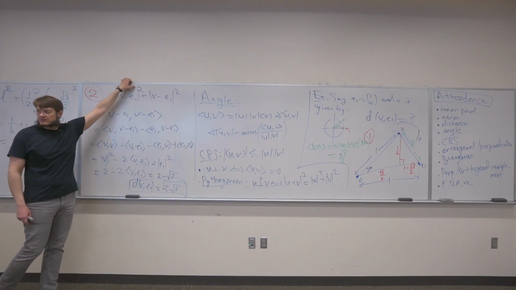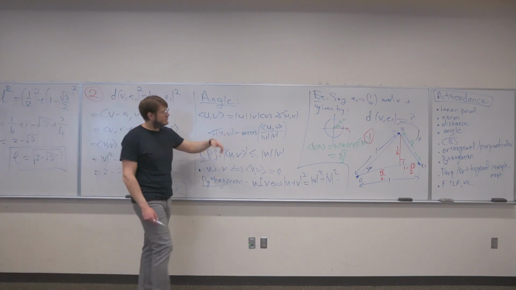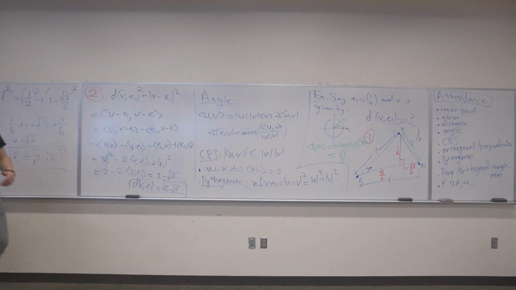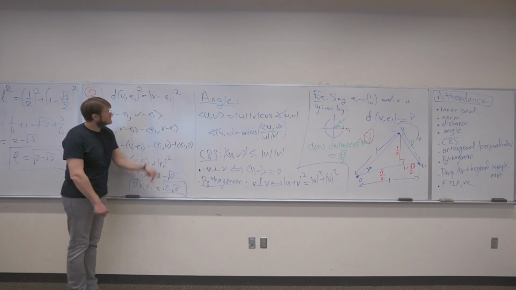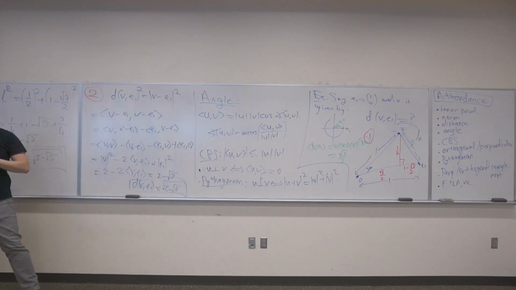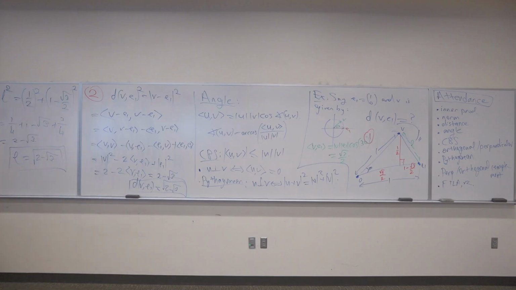Somehow with this inner product, when you look at the distance between two things, there's always this square root, or you look at the square of things. Part of the reason is because instead of looking at the distance, often it's better to look at distance squared, because distance squared is a differentiable function, which means you can do calculus much easier. So down the road, there's those things as well. But yeah.